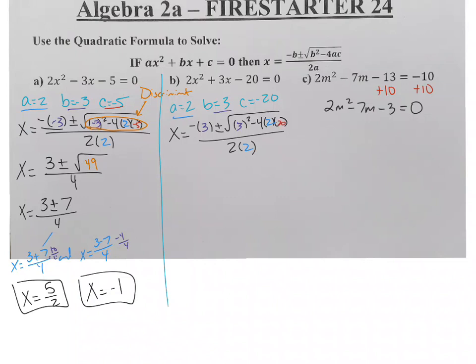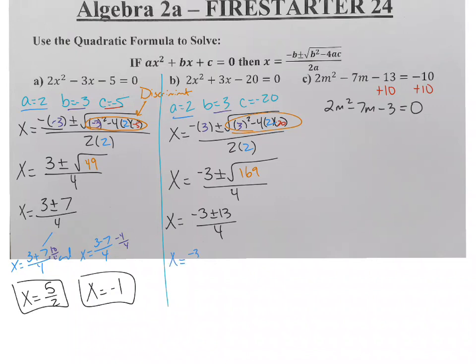So in my calculator, I'm going to plug in the discriminant. I'm not going to plug in negative 3. I'm going to put minus 3 plus or minus the radical symbol, because I'm not plugging any of that into my calculator. I got the discriminant was 169, which is good for us because I know that's perfect. It makes my life way easier. So I get x equals negative 3 plus or minus 13 all over 4. Two answers, but I have to split them because the radical disappeared.